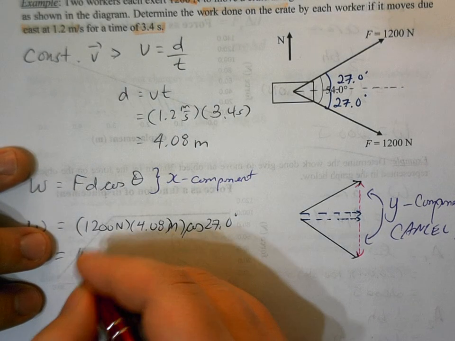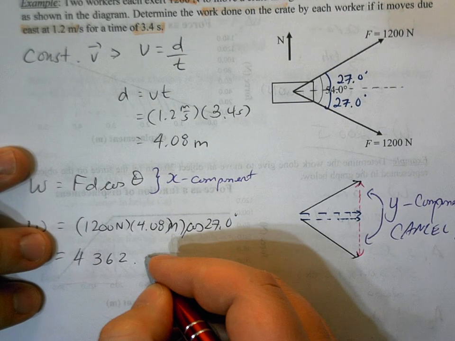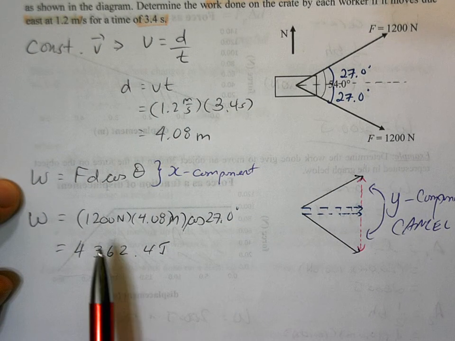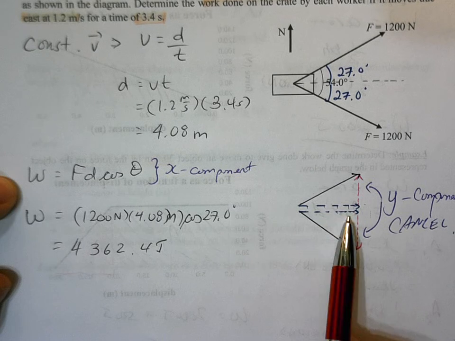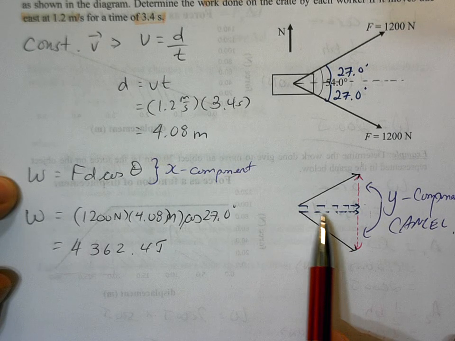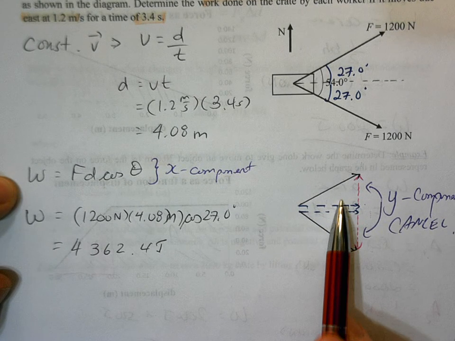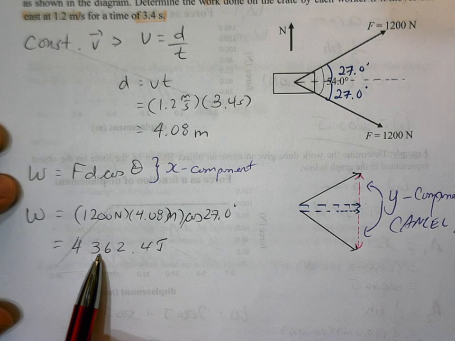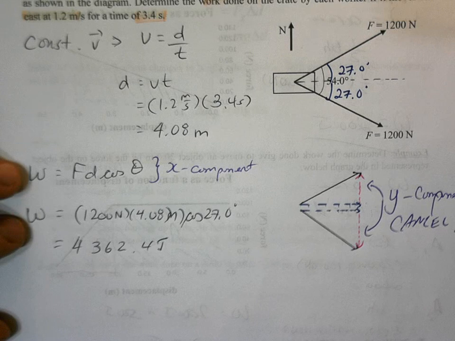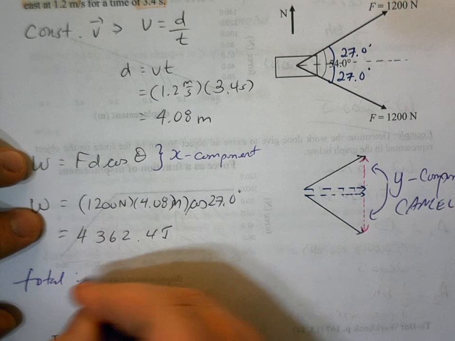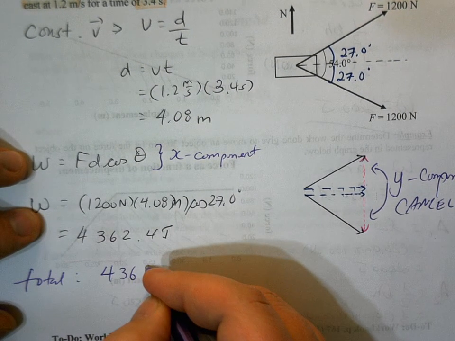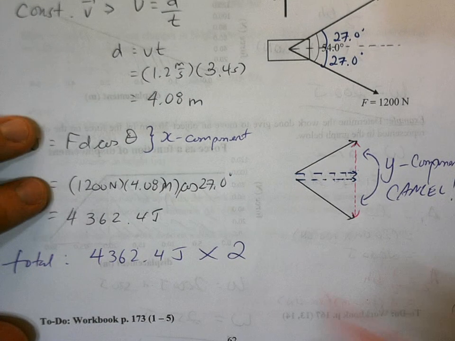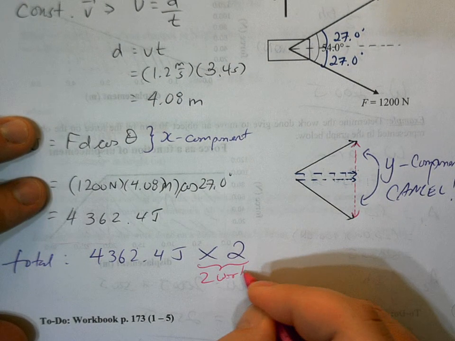So I'm going to get about 4,362.4 joules. But that's for one worker. We know that the total work done is going to be the piece from the one worker and the piece from the second worker, but the two pieces are identical. So all I have to do is add another piece like this, or I could just double this. So the total is going to be that 4,362.4 joules, and we're going to multiply it by 2 since there are two workers.